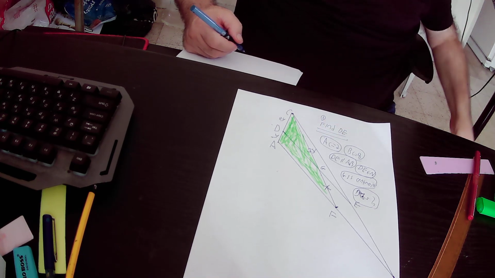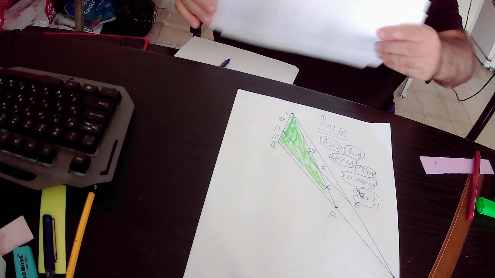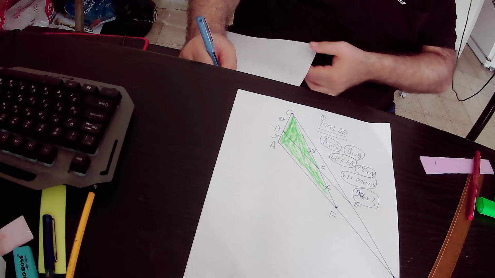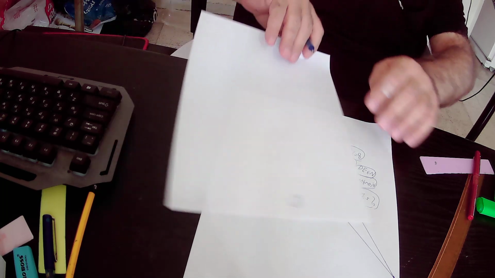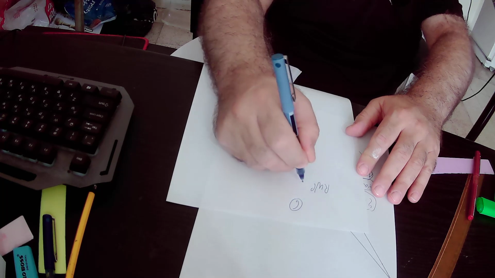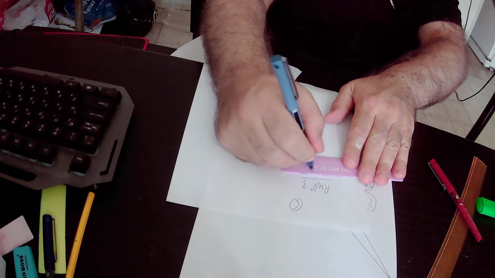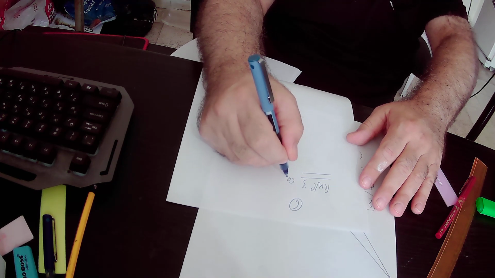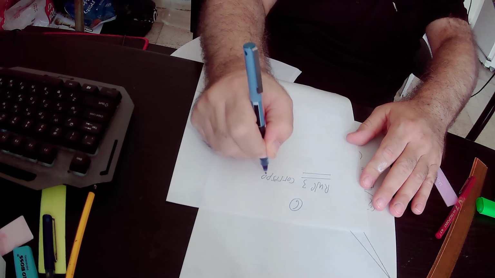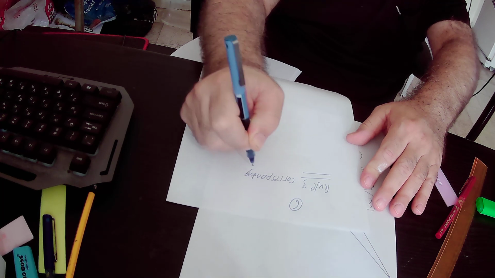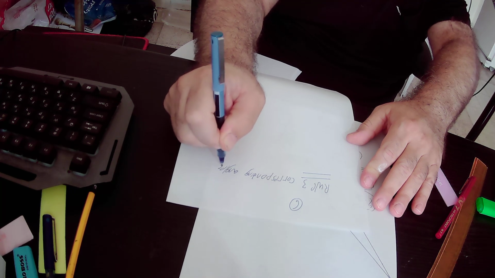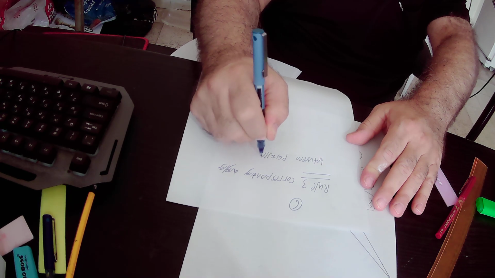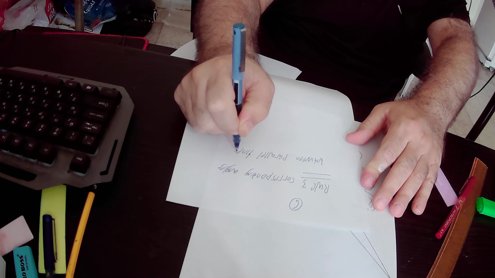So I will present you a third rule. The third rule states that corresponding angles between parallel lines are equal to each other.